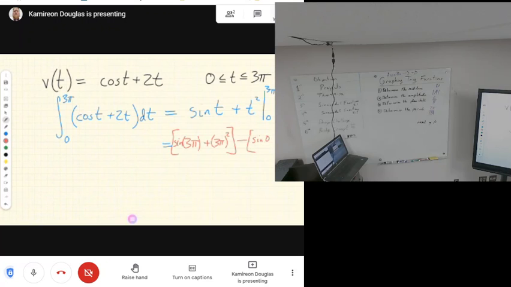Sine of 0 plus 0 squared. Let's do this one first. Sine of 0, of course 0. 0 squared, 0. So this right hand side is just 0. Pretty common. Left hand side. Sine of 3 pi. Ooh, that should begin to circle down. Sine of 3 pi, 0. It's also 0.